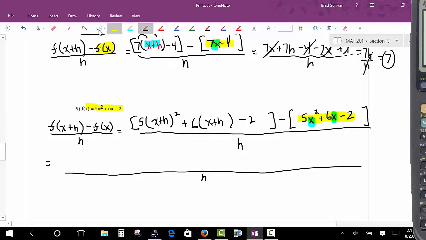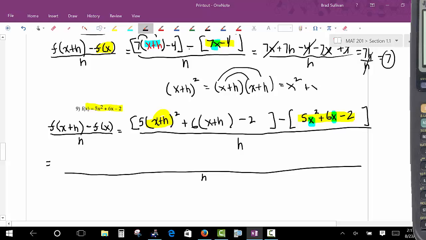So what I'm going to do is start with this thing. If you do x plus h squared, one way to do that is just to write it out twice, and you've probably learned FOIL from your background. If you run through the FOIL on here, you're going to get x squared plus xh, and that's hx, but I'm just going to write it as xh, and then h times h is h squared, and then these two things are like terms.